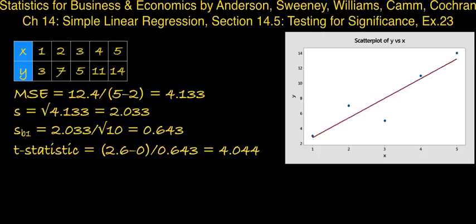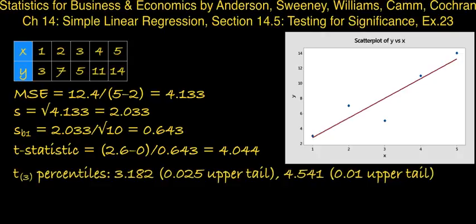So if we look up some percentiles in the t-table, there'll be 3 degrees of freedom that we need to use, and looking at the table, we have 3.182 corresponds to an upper tail of 0.025, and 4.541 corresponds to an upper tail of 0.01.